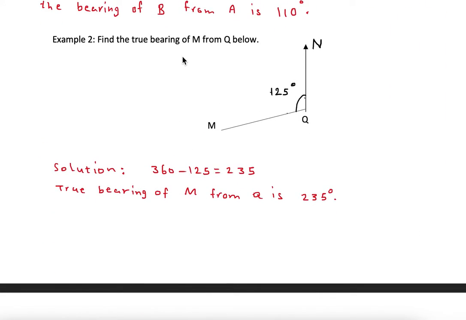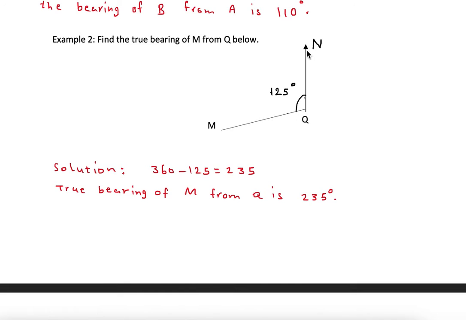Next question, find the true bearing of M from Q. That is M, that is Q. M from Q. So they are saying from Q, so we have to draw the north line from Q. That's the north line we have here.